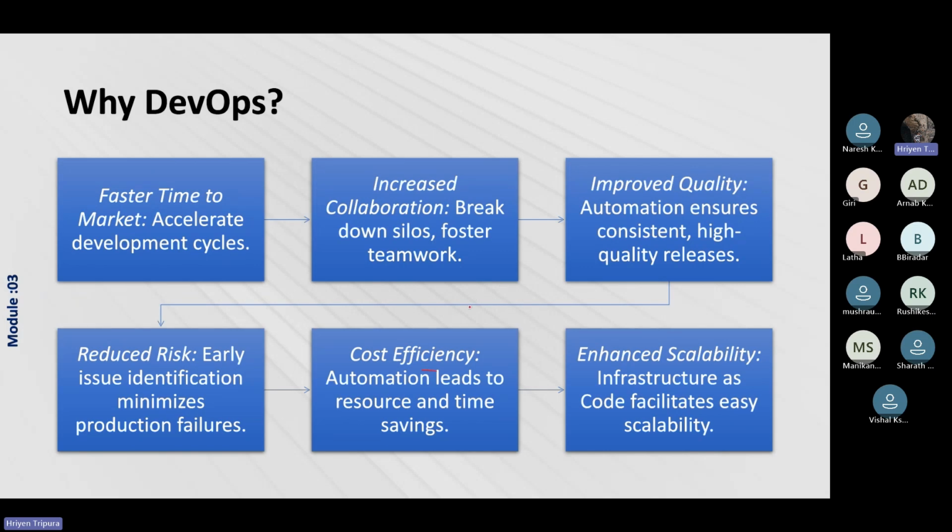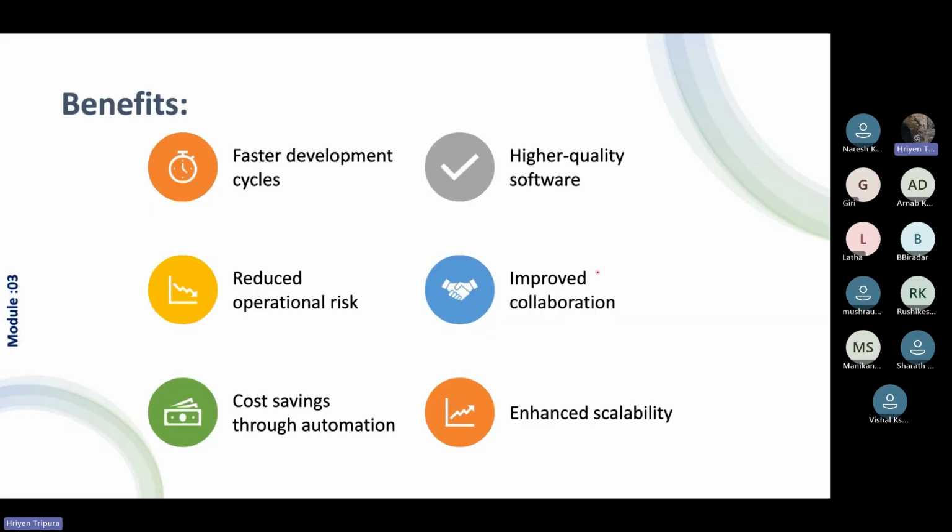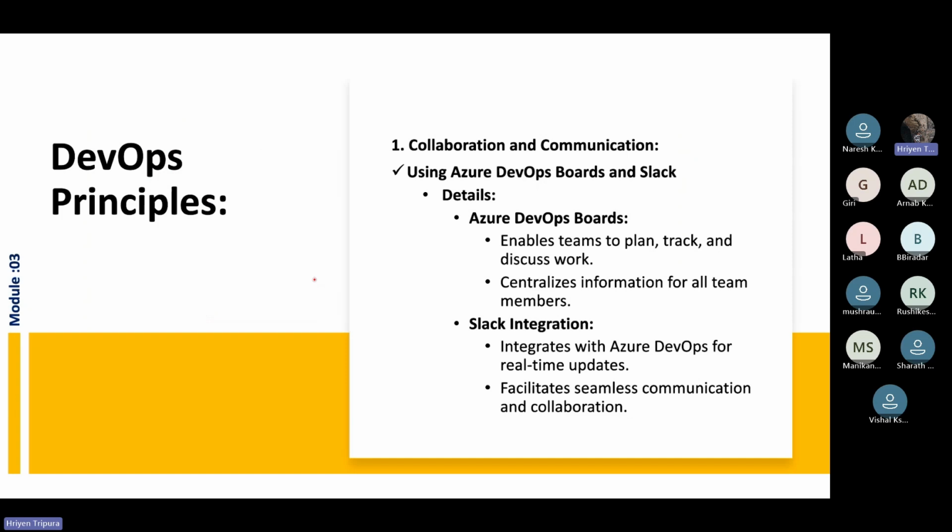And also enhanced scalability. Scalability means anything that is possible, you need to make it automated. Let's say you want to provision the infrastructure, you have to do it in an automated way. So this is why DevOps can help you here. Some of the benefits are the same as what was discussed, so we can ignore this one.